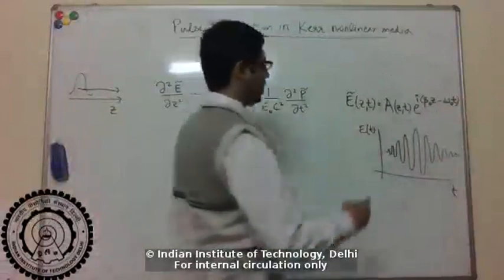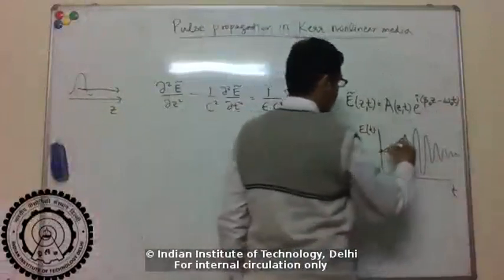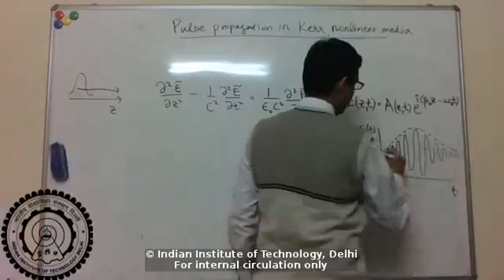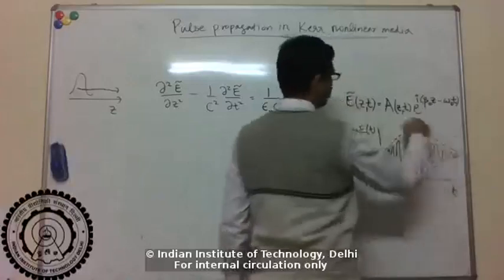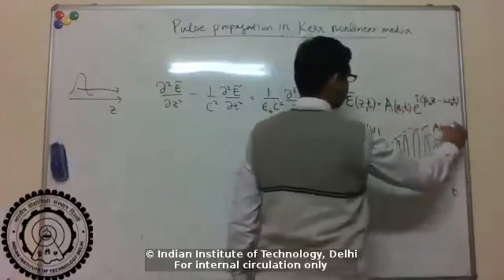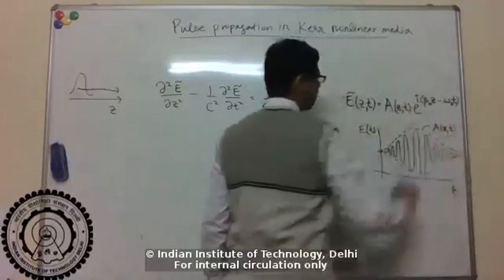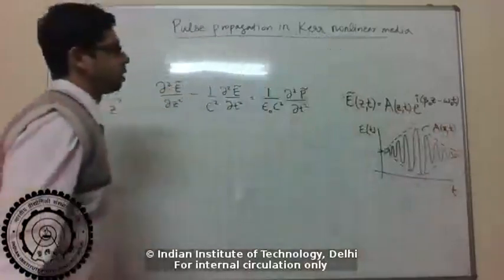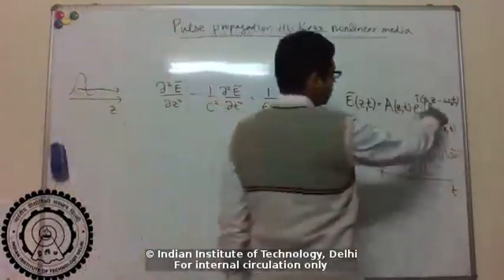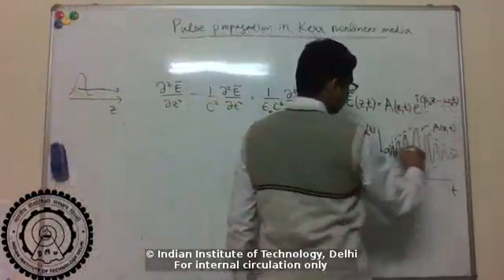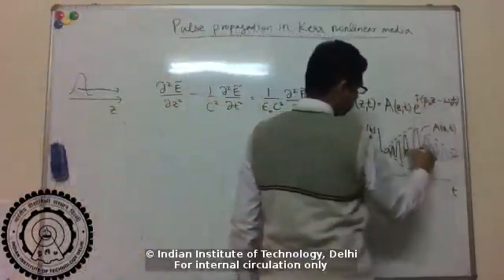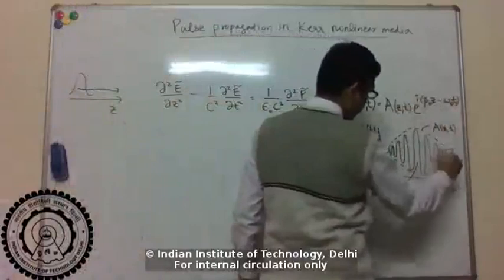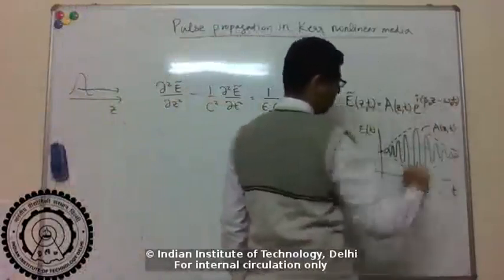This envelope is basically A at the position z, A of t, and the oscillations at the carrier frequency, this e to the i omega naught t, those are these oscillations here. So the frequency of these oscillations is the carrier frequency omega naught, right?